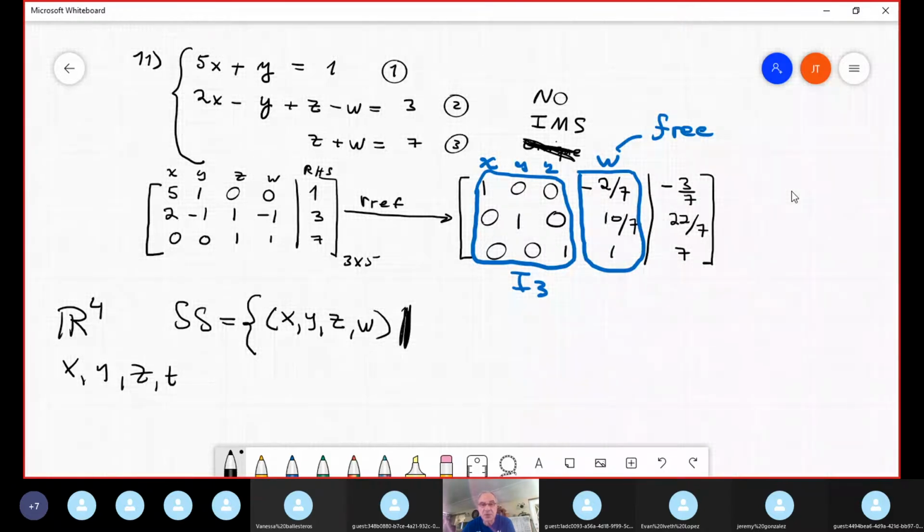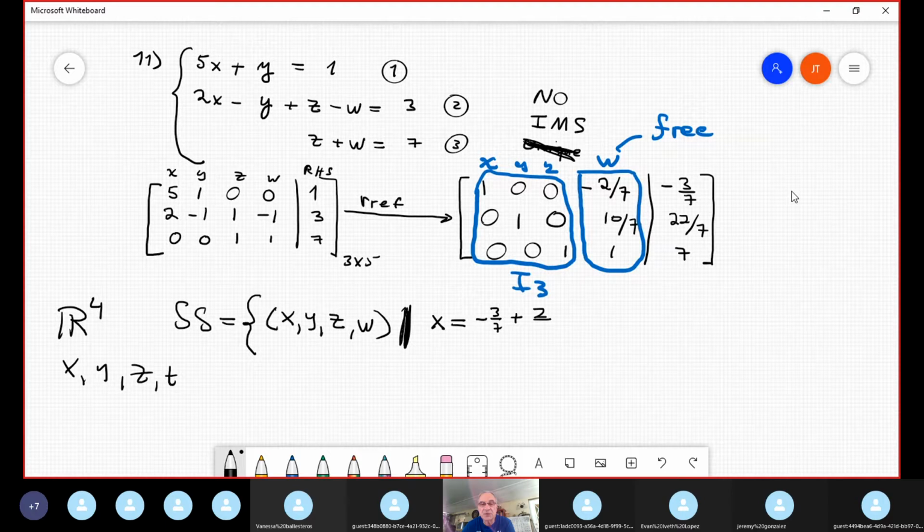It's obvious that the first one is, you solve for x, x equals minus 3 over 7 plus 2 over 7 w. Okay, because w is multiplied by negative 2, and when you move it to the other side in order to isolate x, it becomes positive, no?